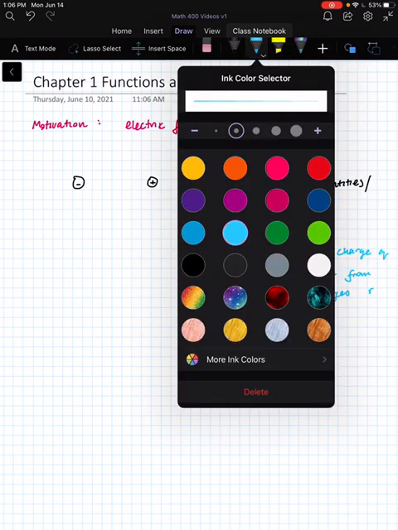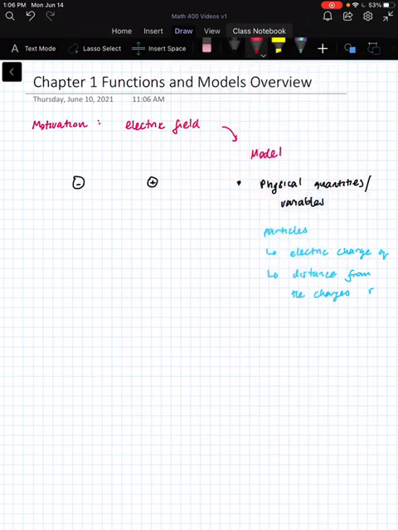So if you are unfamiliar with the specifics of electric field, we usually represent them using field lines. Don't worry about the specific context here.